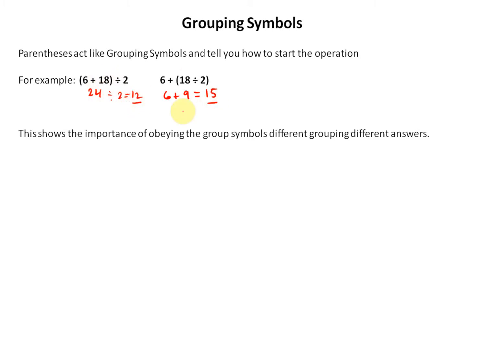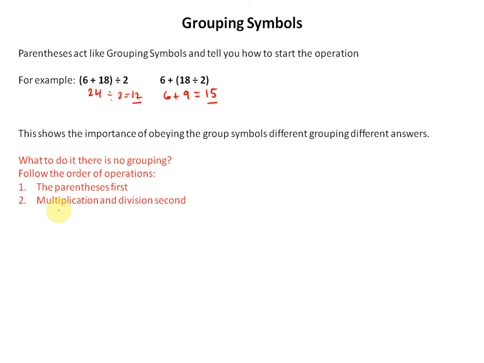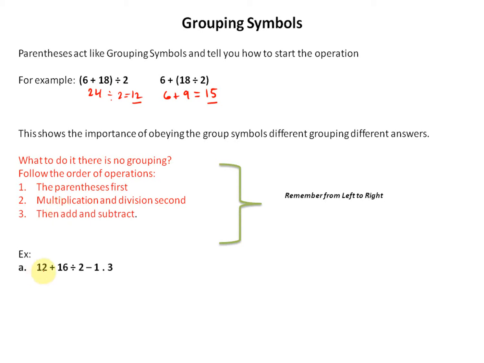Now let's have a look into another way of doing this. We can follow the order of operations to solve this kind of problem. First parentheses, second multiplication and division, third adding or subtracting. And remember, all of this is from left to right. Example, 6 plus, we can group this 2 and this 2 as well.